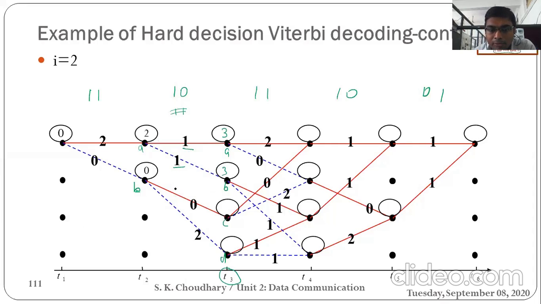And at that time when the output is 1, 0, so the Hamming distance is 0. So here 0 plus 0 and the next state C, your metric value would be 0. Okay, the metric value of this state would be 0.